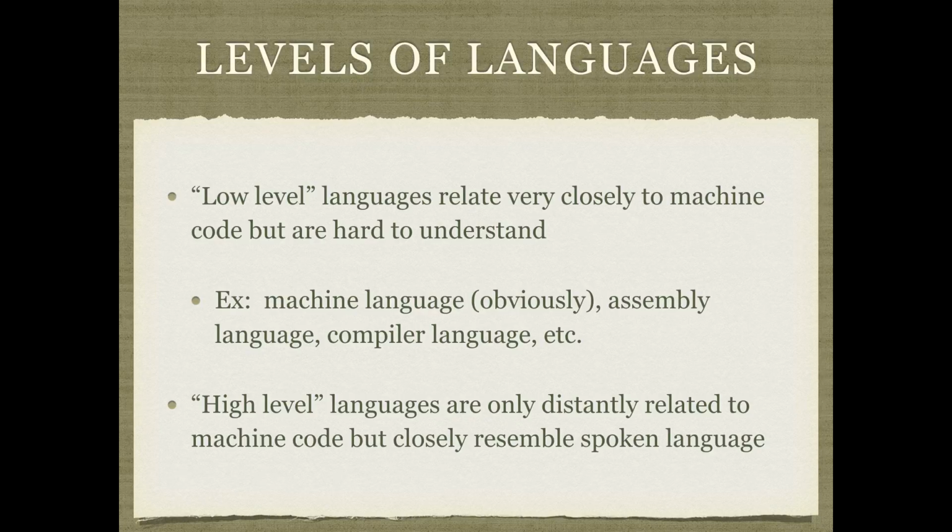So Python if you're in programming 1, Java if you're in programming 2, anything that you would typically use today to accomplish a higher level, more abstract goal is considered a high level language. C#, C, C++, Ruby, these are all examples of high level languages.